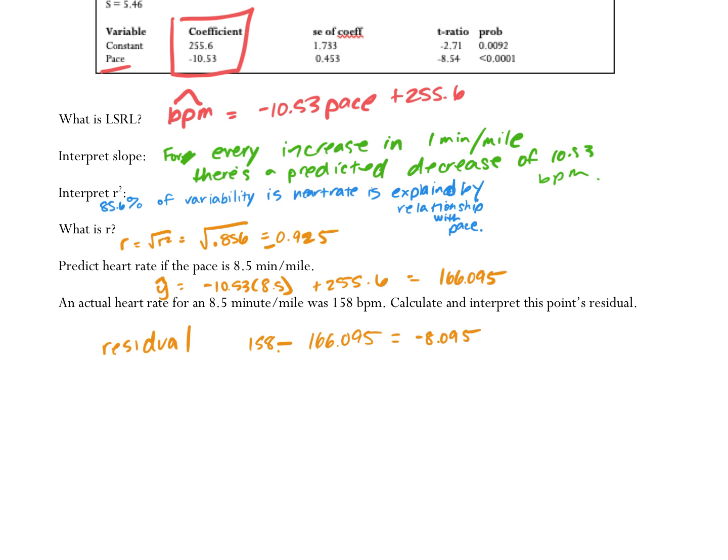In this case, the model over-predicted. I know that because my prediction is bigger than what actually happened. I thought it was actual minus predicted. It is. The actual would be the 158. All right, this is the predicted. So my interpretation: the model over-predicted by 8.095 beats per minute. All right, let's take this time.